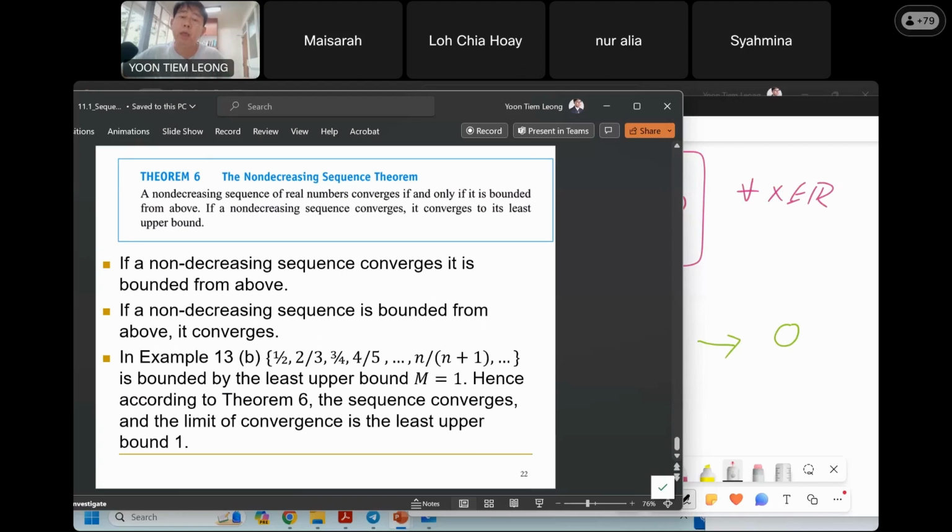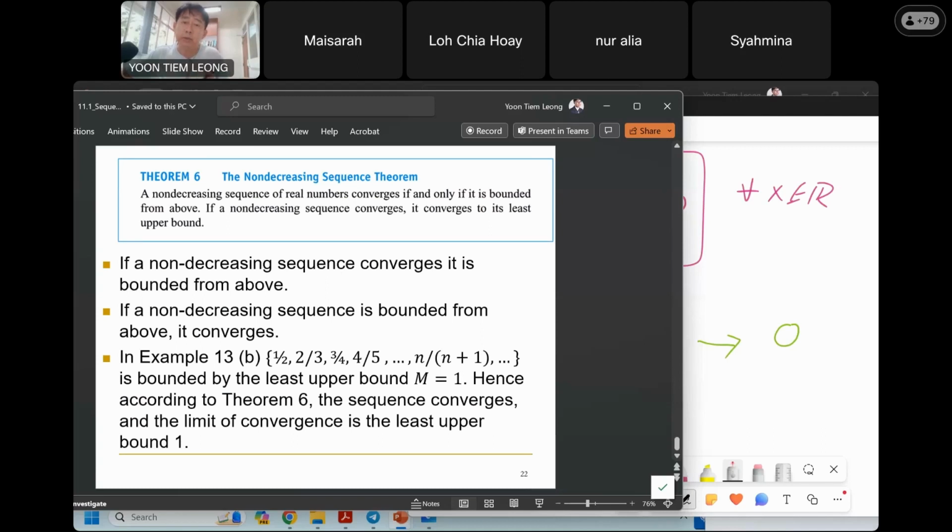So when we have a sequence, we always want to know whether the sequence has a limit or not. Right? So you want to know if the limit of the sequence exists. If the limit exists, then you want to know what the value of that limit is. Now, theorem 6 provides a very powerful statement that is always true for all sequences.